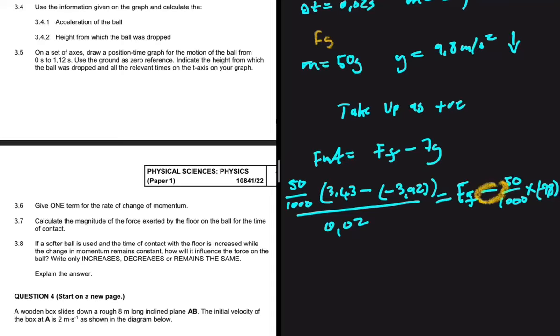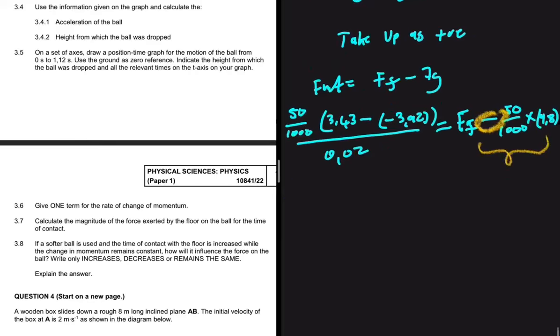So our 9.8 actually doesn't need that negative sign, because if it has that negative sign, then we have the force exerted by the floor plus the force exerted by gravity, because that minus and that minus will give you a positive. So that 9.8 is actually supposed to be positive. And now what you are left with is taking this term to the left hand side.